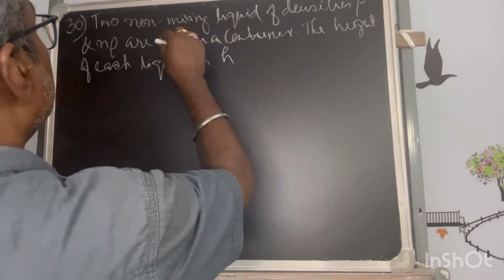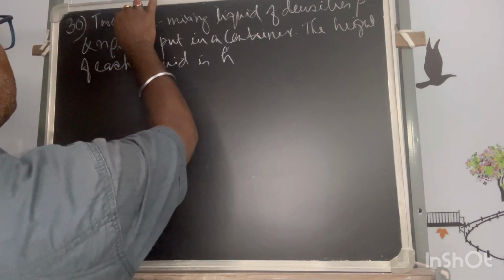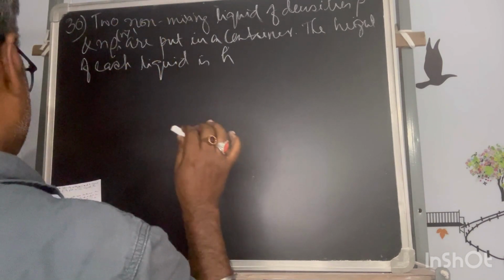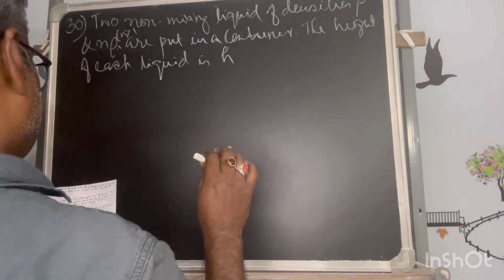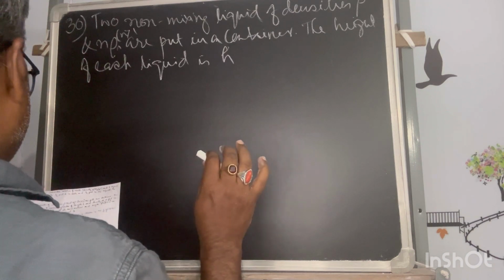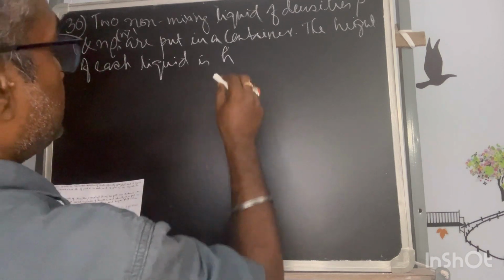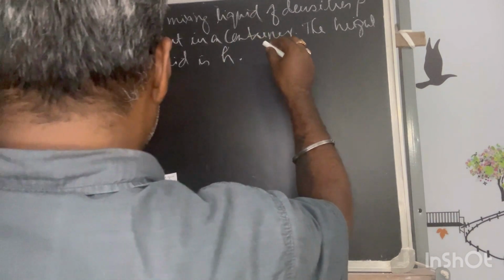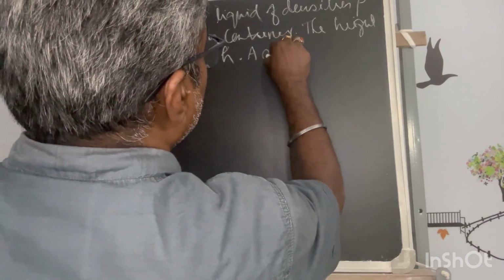Oh, here one more thing. N is greater than 1, it is said. Two liquids are put in a cylinder or in a container. The height of each liquid is h.